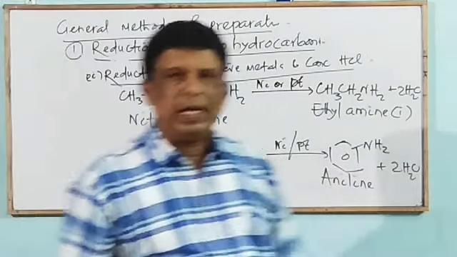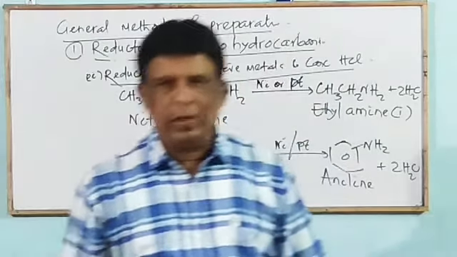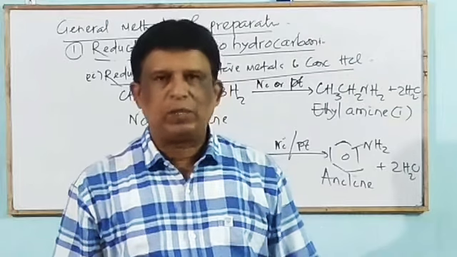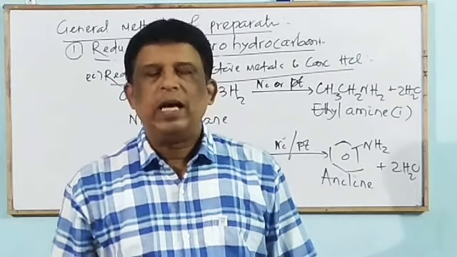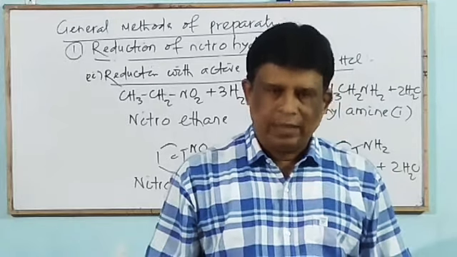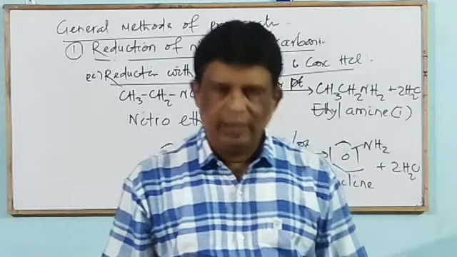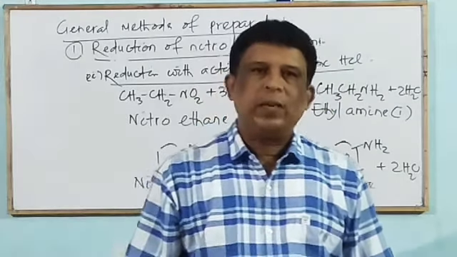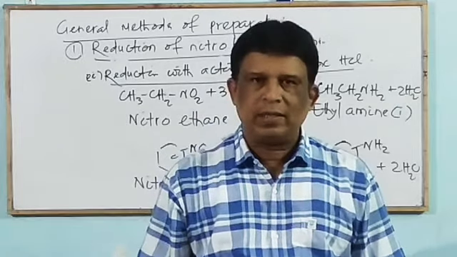Mark that. Aliphatic and aromatic amines are also easily obtained from their corresponding nitro compounds in presence of active metals like Sn, tin, zinc, iron in presence of concentrated HCl.